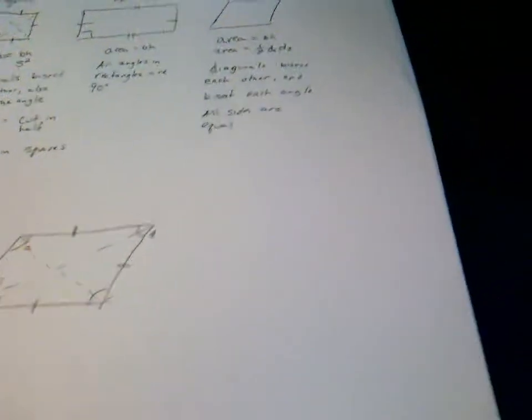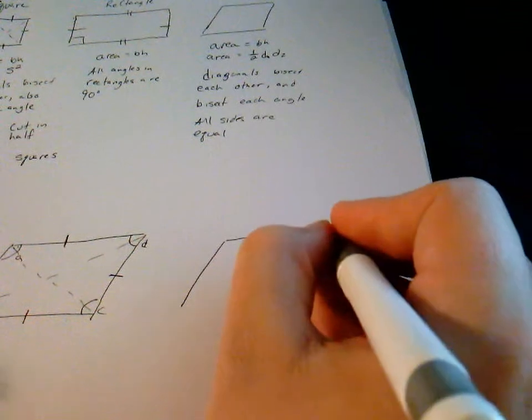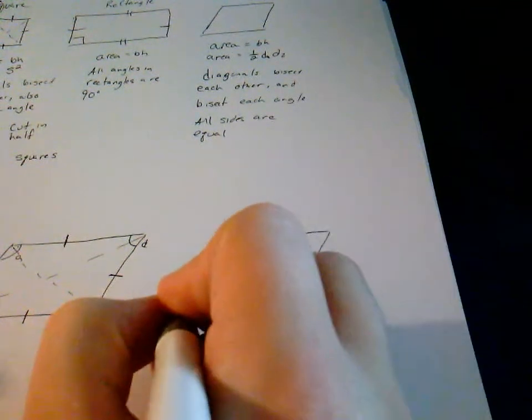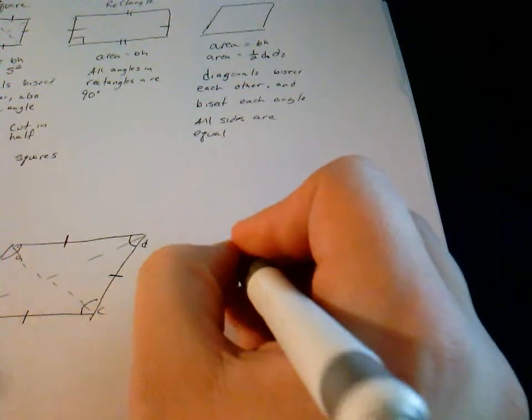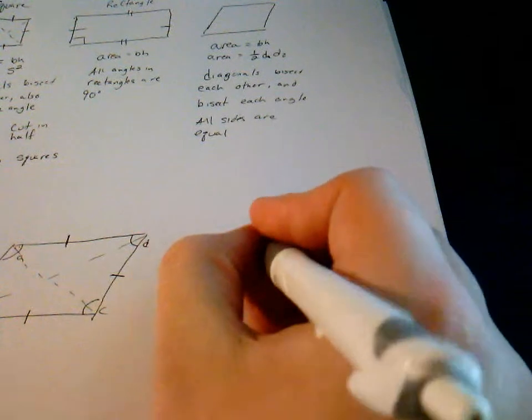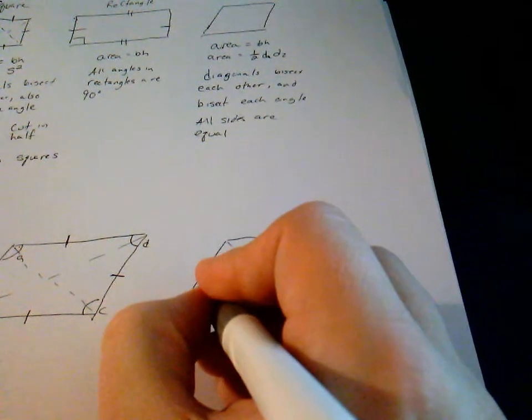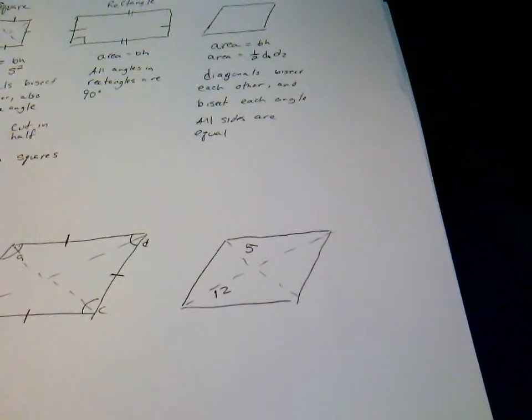Another thing is that I'm probably going to do this more often than with normal base times height, is I'm going to tell you guys to find the area by using diagonals. So let's say I gave you this diagonal was 5 and this diagonal was 12. Or not the whole diagonal, but that half a diagonal.